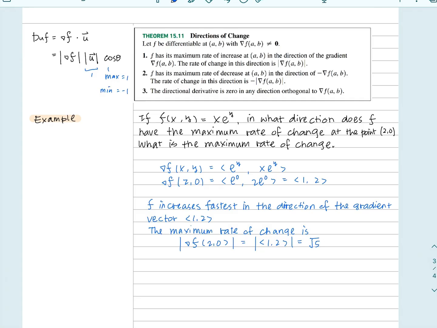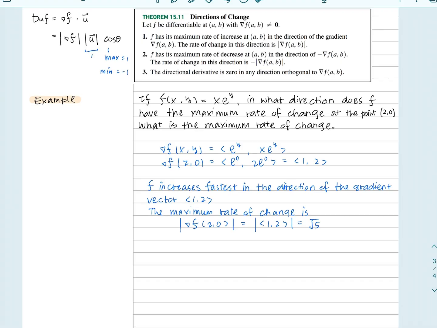All right, so the maximum rate of decrease is in the direction of the negative gradient vector. So when you are going along the vector -1, -2, then you can get the maximum rate of decrease. So the function value is decreasing. Right? So that's negative square root of 5. And the maximum rate of increase is positive square root of 5.